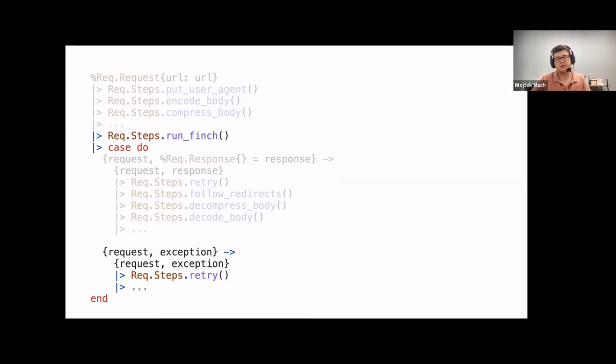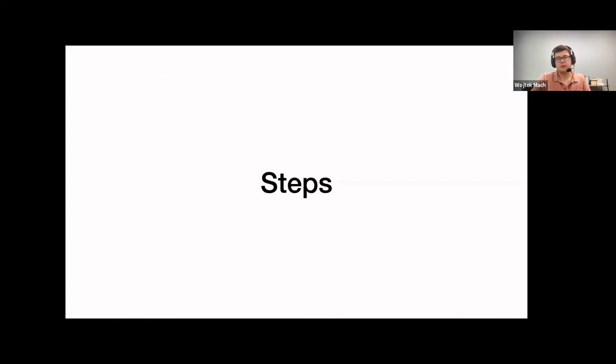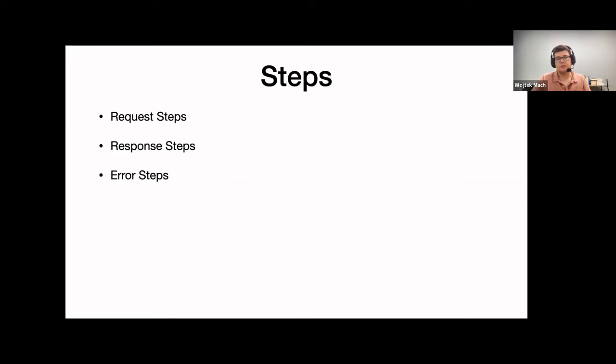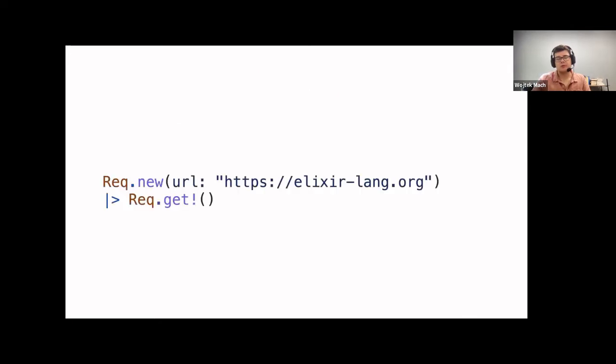But roughly, it's all about passing data through steps. So let's talk about steps in some more detail. Again, we have the three kinds. Let's take a look at writing our own step. Here I'm just making a very basic request, and let's add a step that is going to just print some debugging information about the request.